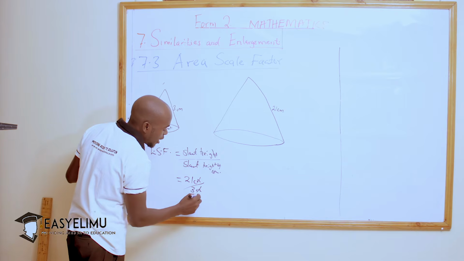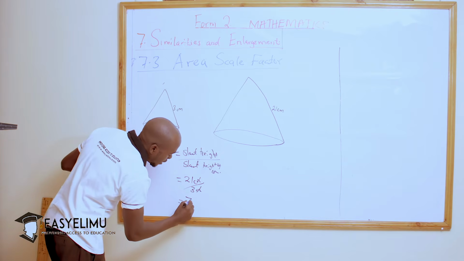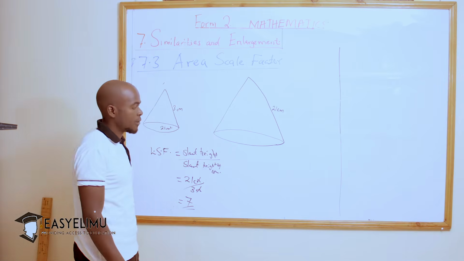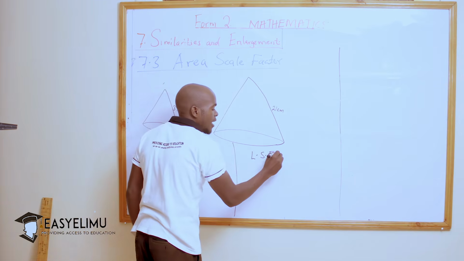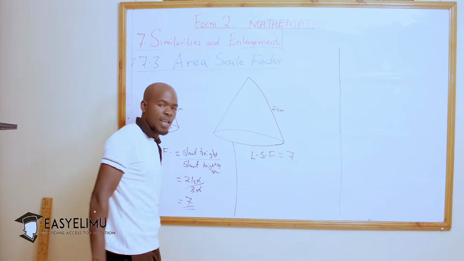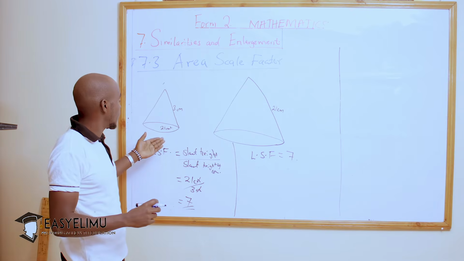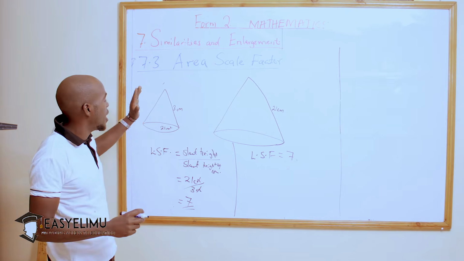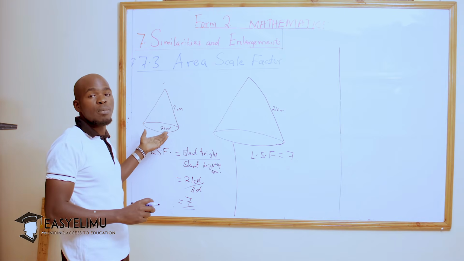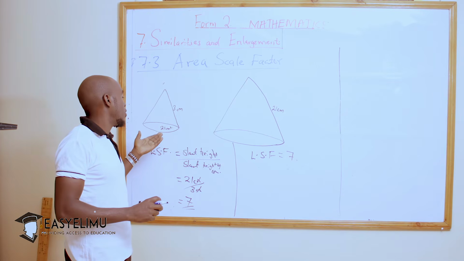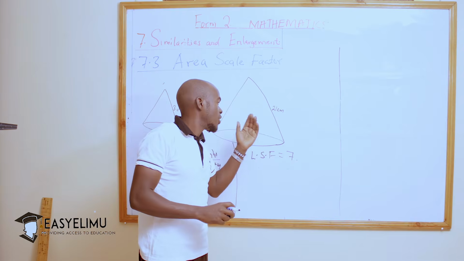If you find the quotient between the two, you get 7, so our linear scale factor here is equal to 7. But the area of the smaller cone, we are finding, is 21 square centimeter.